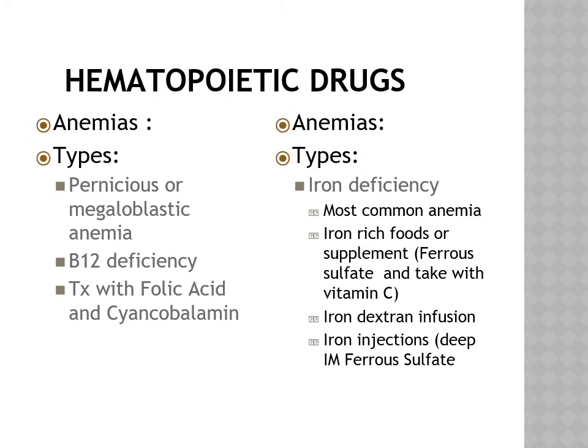In talking about iron deficiency anemia, this is pretty much the most common form of anemia. And so this is just due to a lack of iron, essentially from diet. And so we would want to supplement with iron-rich foods. You can also promote ferrous sulfate, but it's best absorbed with vitamin C. So the patient would have to take both together.